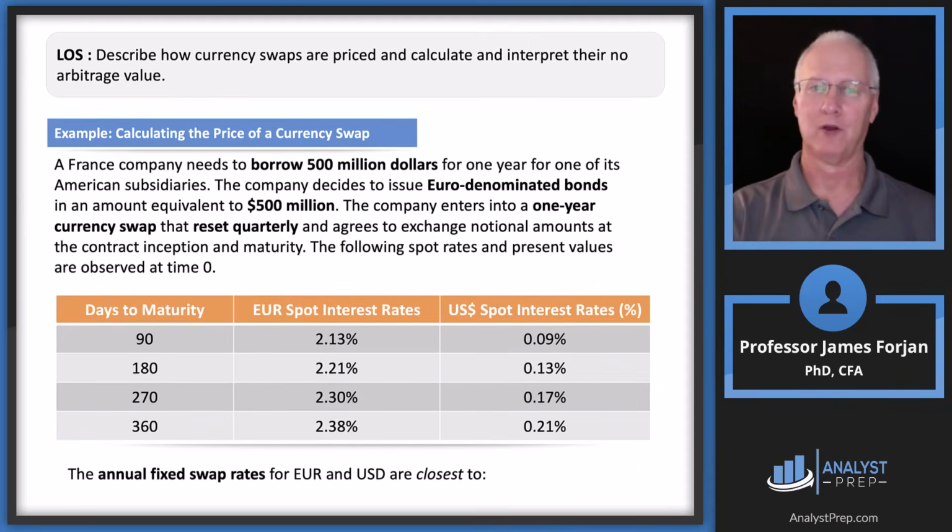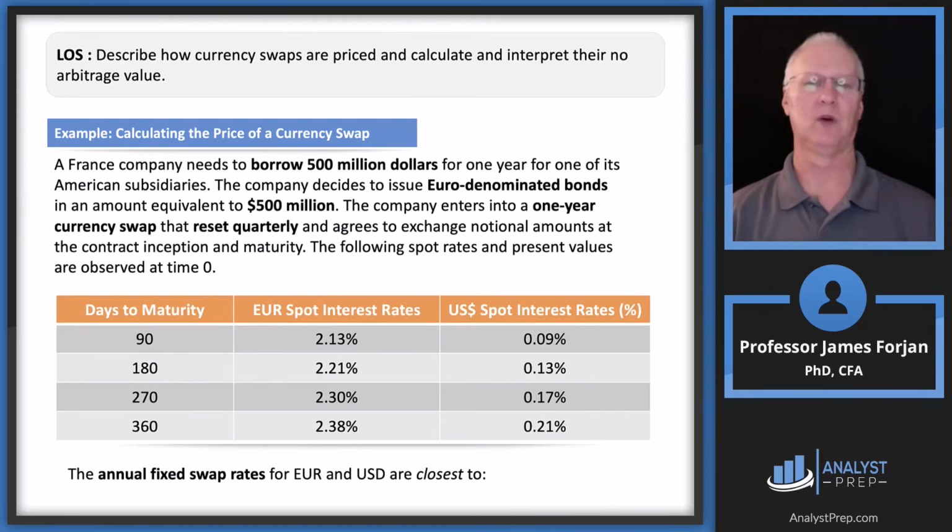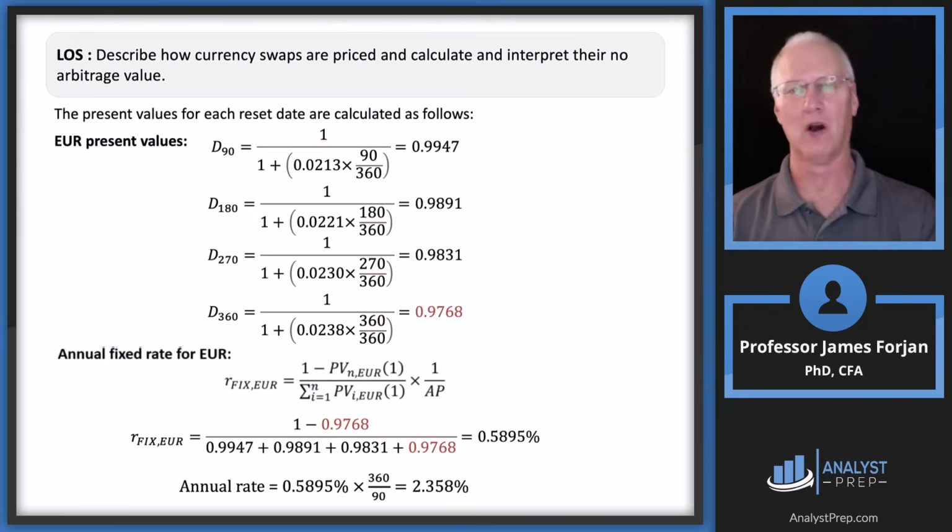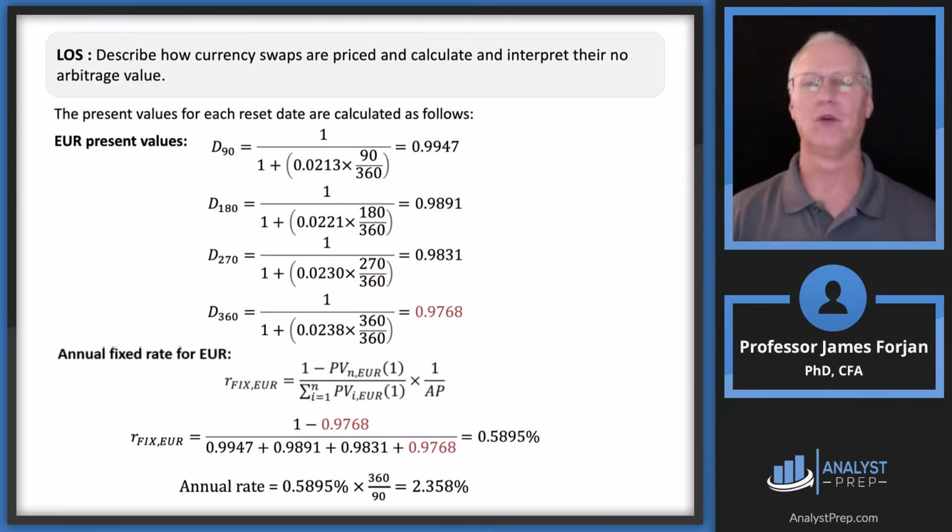Now, with a currency swap, you have to have two yield curves. So here we have Euro yield curves, that's upward sloping, right? And then we have US yield curves, that's upward sloping.